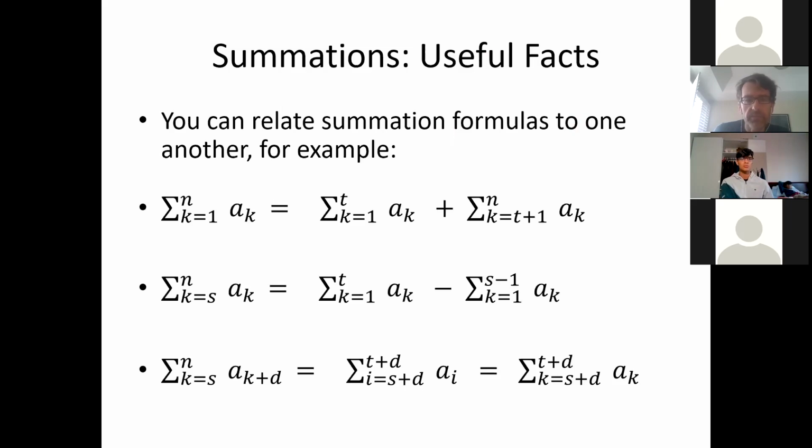A quick question about the summations. Are we going to have multiple summations in one, like a multivariable summation? I don't know. You have to give me an example. You will see what we have.